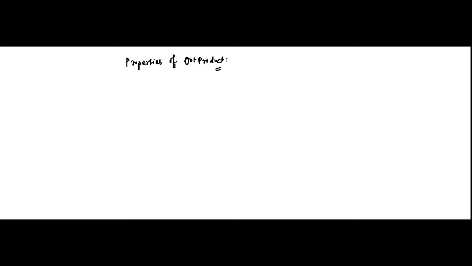So we have discussed that dot product of two vectors, A vector, B vector, with an angle theta between the point where the tails meet, is expressed as A B cos theta.